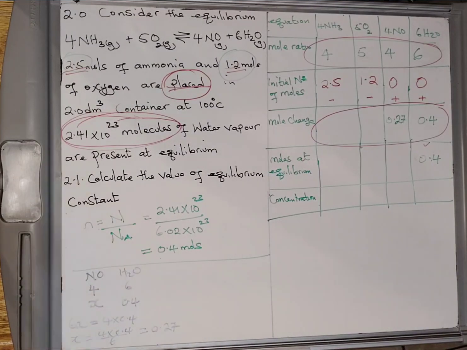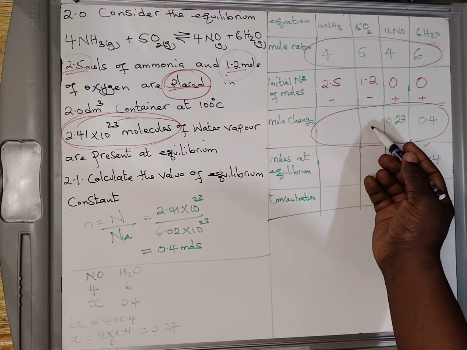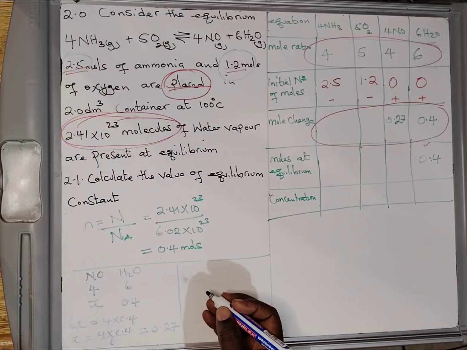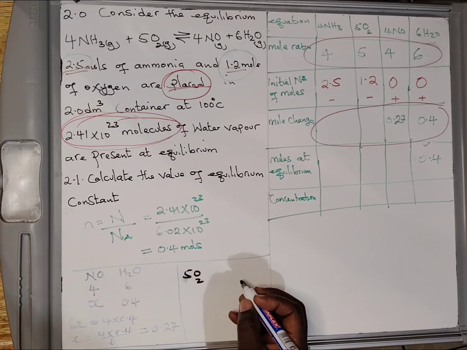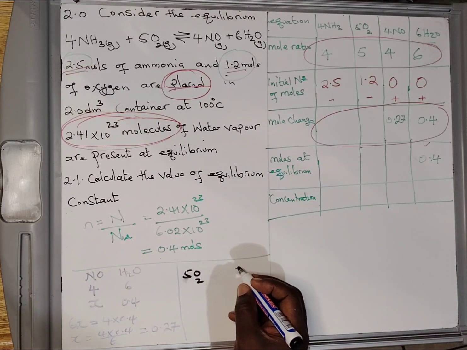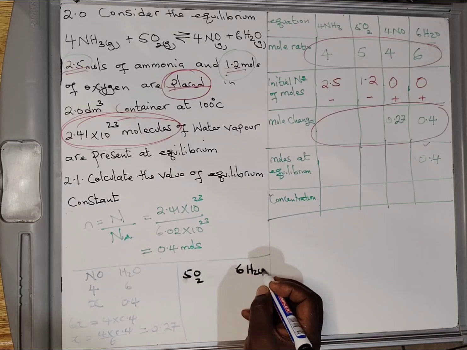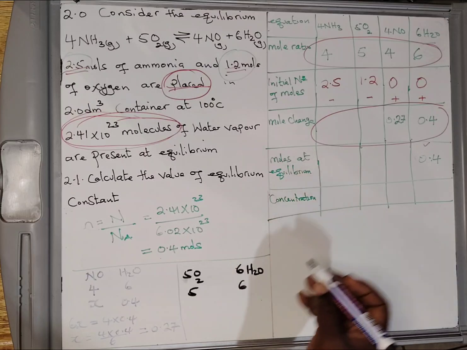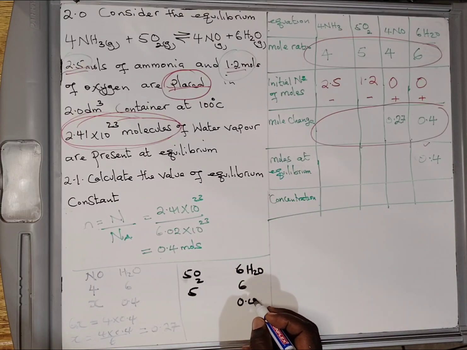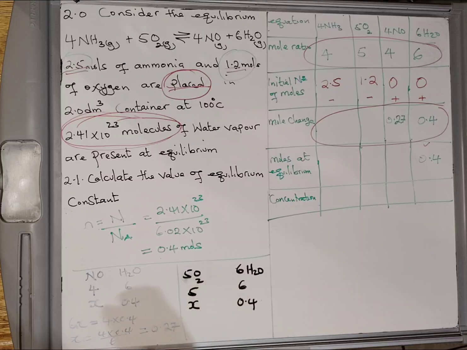Let us now perform for this one. So you come to oxygen, you say 5 oxygen and 6 water. The ratio is 5 to 6, but for the water we know it's 0.4. This one is x. So what is going to be our x after cross multiplying is going to be 6x, giving you 5 times 0.4.